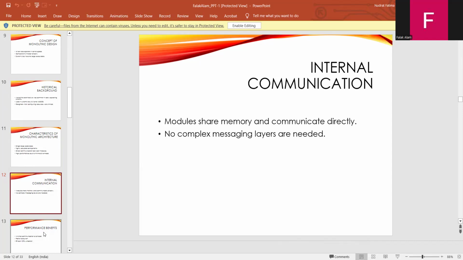Since each module is dependent upon the others, if there is a bug in any part, the entire system may get affected by that small failure.